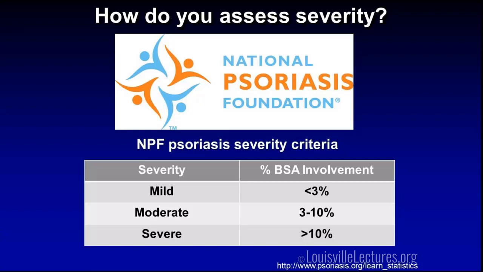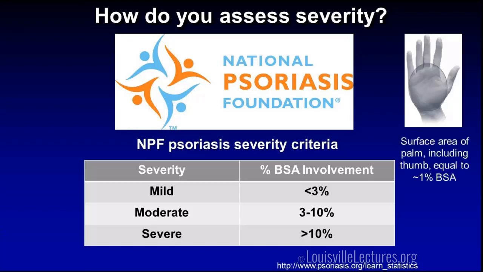And the National Psoriasis Foundation has published definitions of disease severity based on body surface area involvement of psoriasis, with mild disease being defined as anything less than 3%, moderate 3 to 10%, and severe disease anything greater than 10% body surface area. And you can think of 1% of your body surface area as the surface area of your palm. So if you have less than 3 palms worth of psoriasis, you have mild disease.